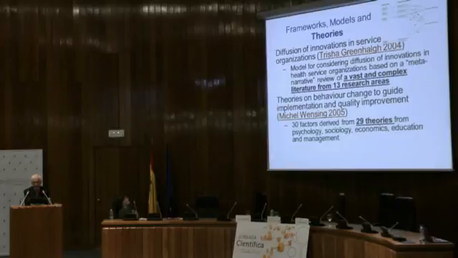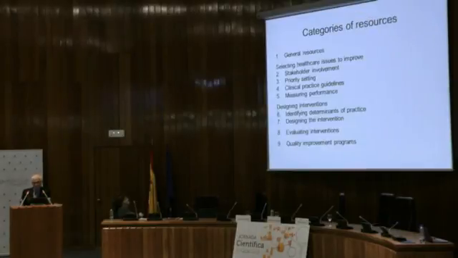They come from psychology, sociology, economics, education, and management. Out of these 29 theories, there were 30 factors. In other words, a lot of similarities. There's almost one theory per factor. So the number of factors that are really relevant turns out to be far fewer than the number of theories used to try to summarize the factors that describe determinants of behavioral change.